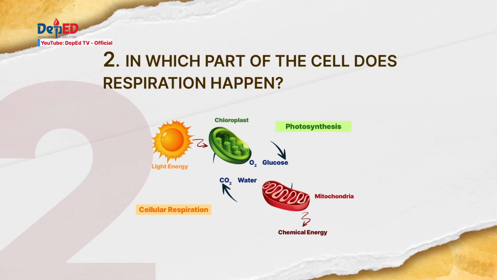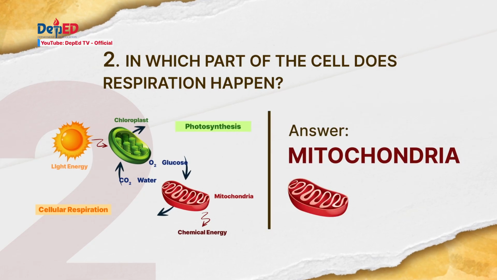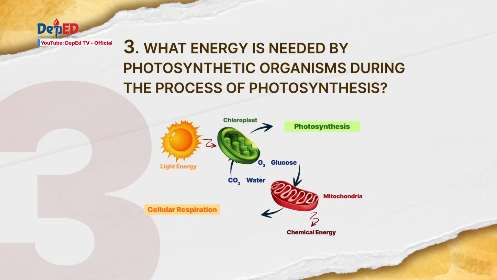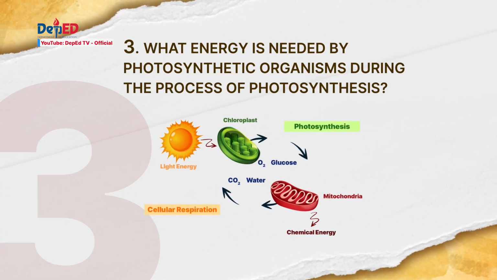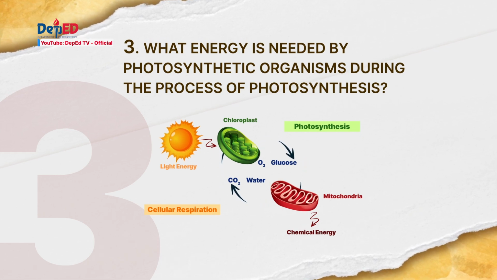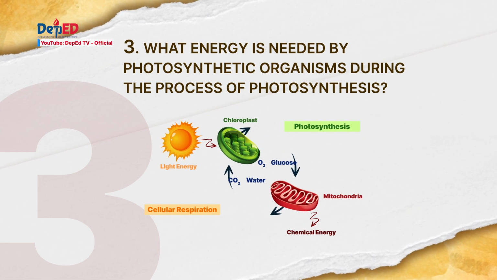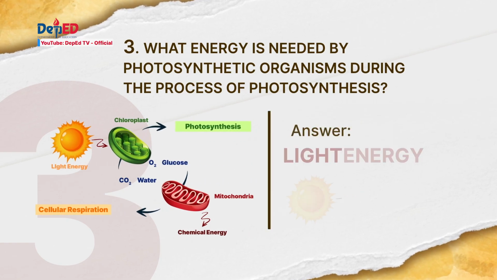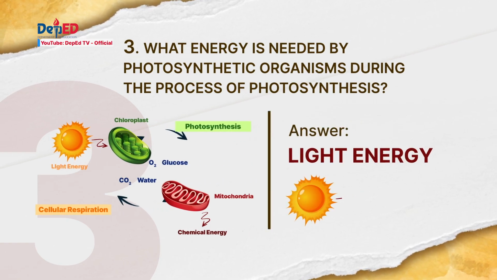The answer is mitochondria. Let us answer question number 3. What energy is needed by photosynthetic organisms during the process of photosynthesis? The answer is light energy.